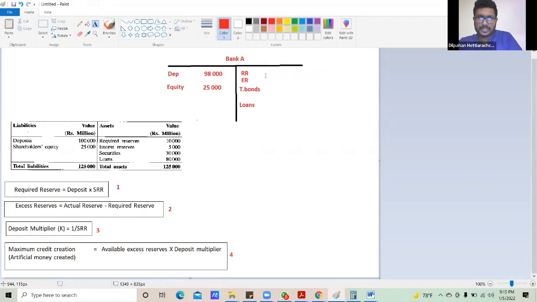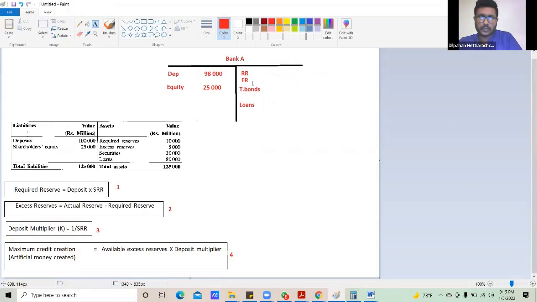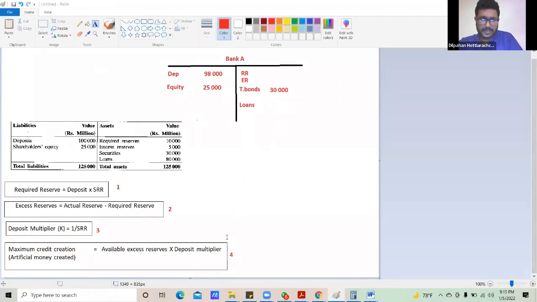We'll do that calculation later. So altogether, they have reserves of 13,000. Treasury bonds, it's same. And loans are also there. Right. So we'll do the remaining calculations.